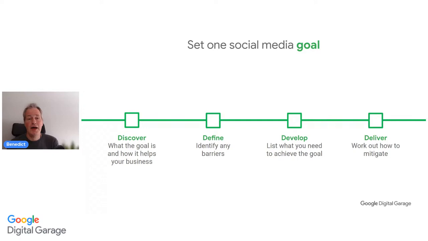And deliver: how can you remove those barriers or challenges? So, discover, define, develop, deliver. If you write these 4 down and go through them for what you're trying to achieve, it can really help you define what you're going for.